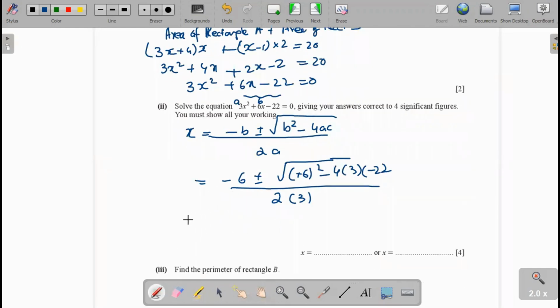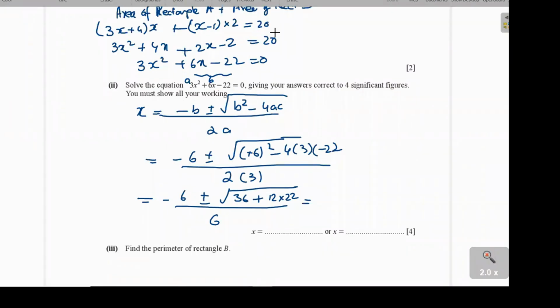That value is equal to minus 6 plus or minus the square root of 36 plus 12 multiplied by 22, over 6. Now we calculate it.